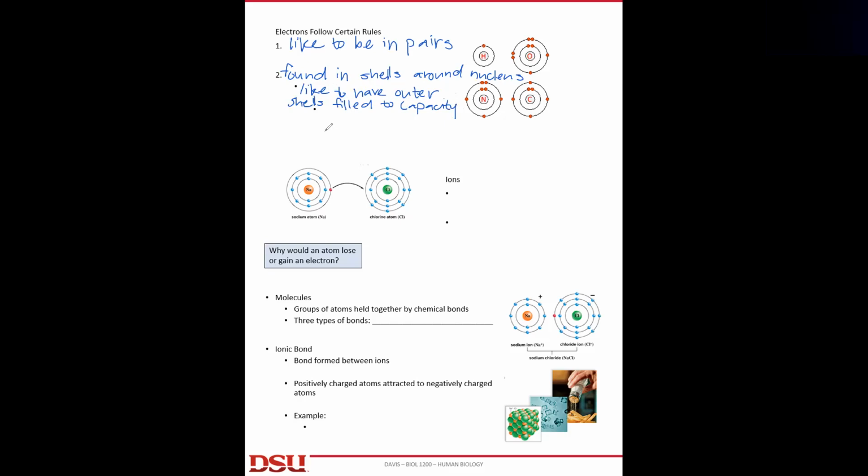So when it comes to shells, the inner shell can hold 2 electrons. And the outermost shell, which is called the valence shell, and this is what I will refer to it as we talk, valence shell, can hold 8.